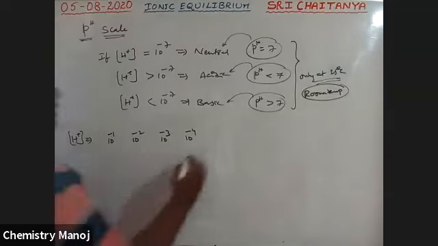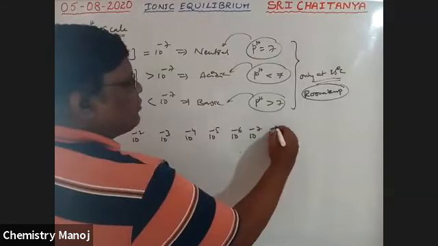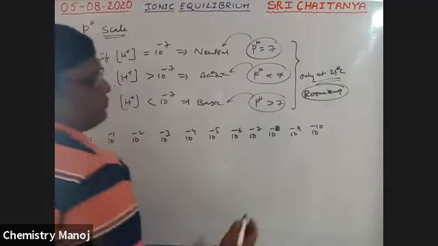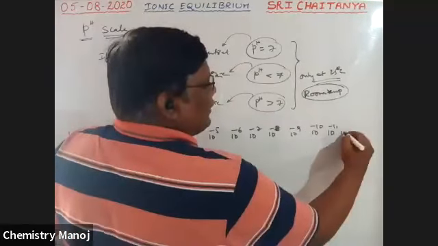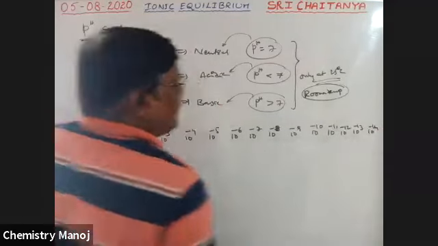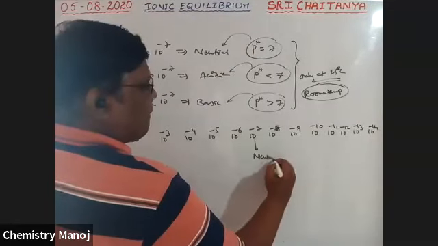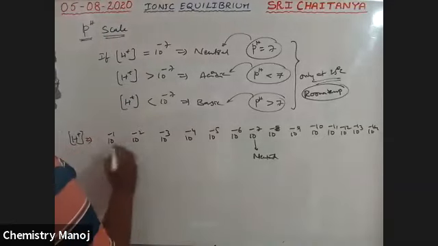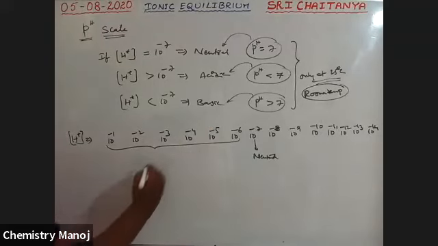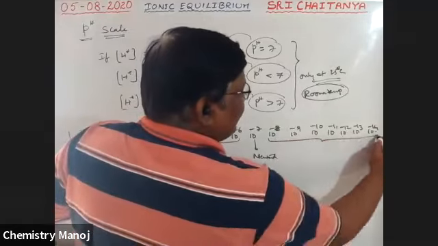Then 10 power minus 5, 6, 7, 8, 9, 10, minus 11, minus 12, minus 13, minus 14. At 10 power minus 7, it is neutral. Greater than 10 power minus 7, up to 10 power minus 1, these are acidic. Less than 10 power minus 7, these are basic.